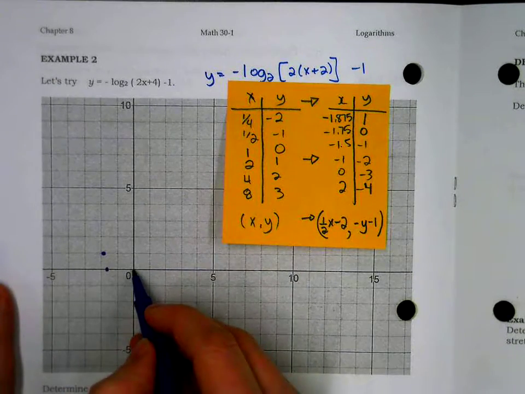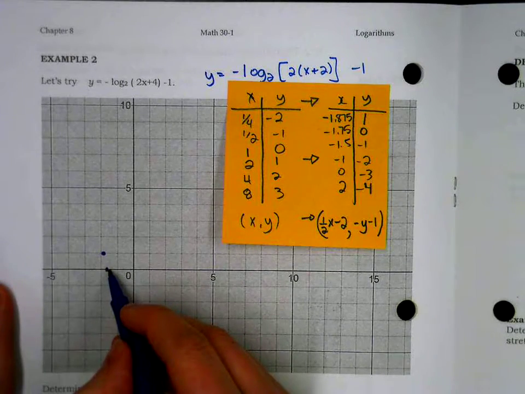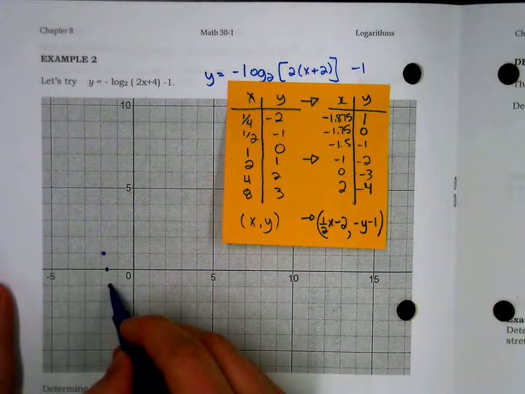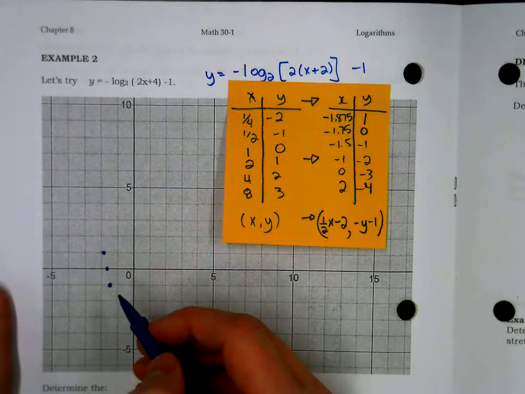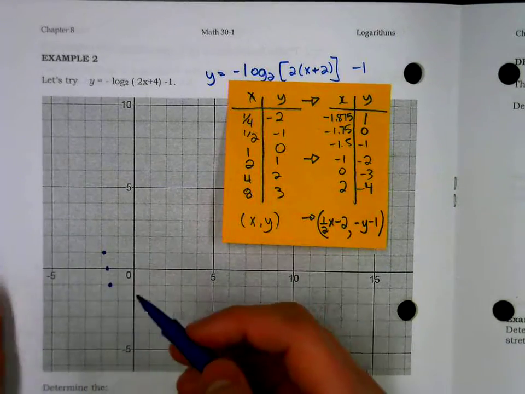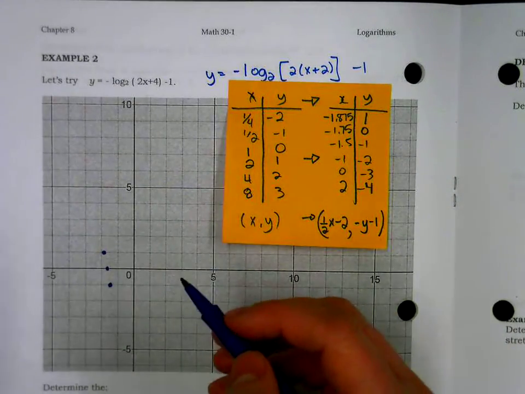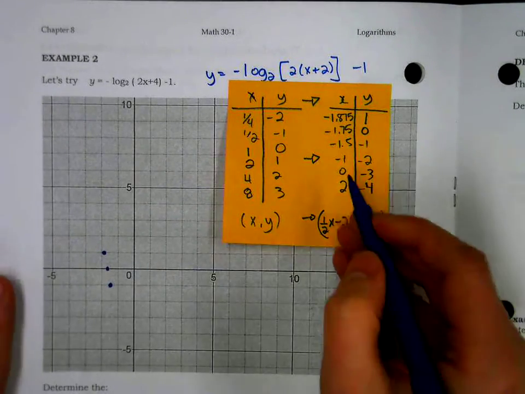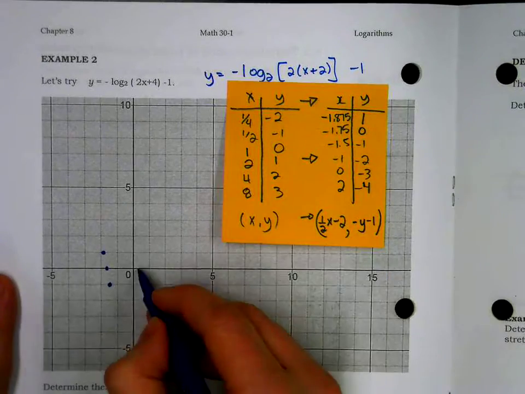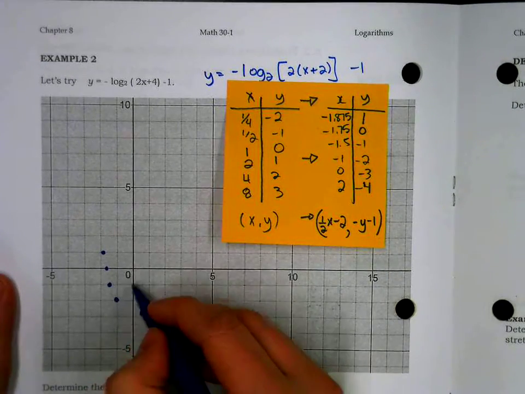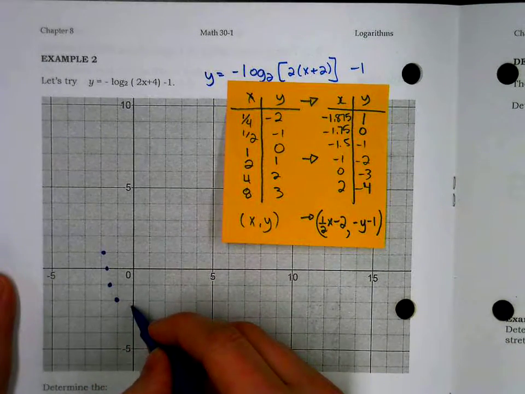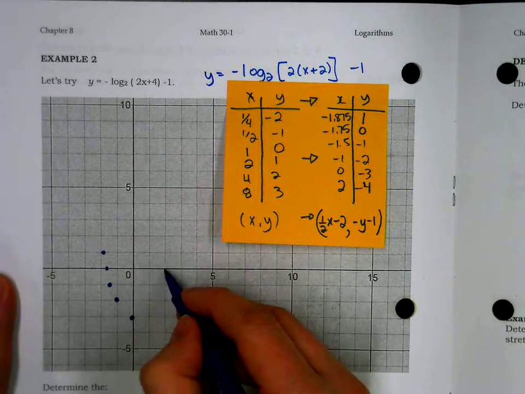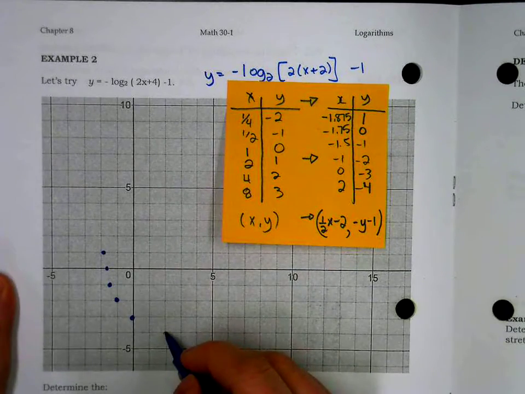We have our -1.5 down at -1. At this point you might be thinking, uh-oh, I may have done something wrong. They are still almost, we'll say collinear. It's not linear, but they're still traveling in the same trend, so that's good news. A (-1, -2), a (0, -3), and a (2, -4).